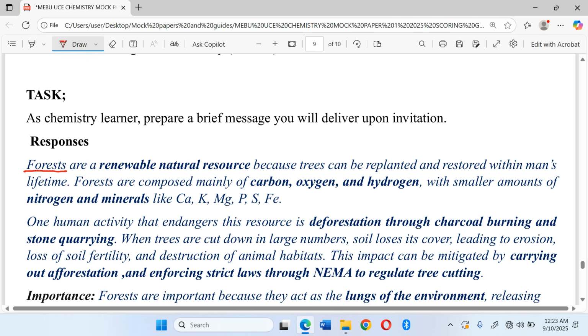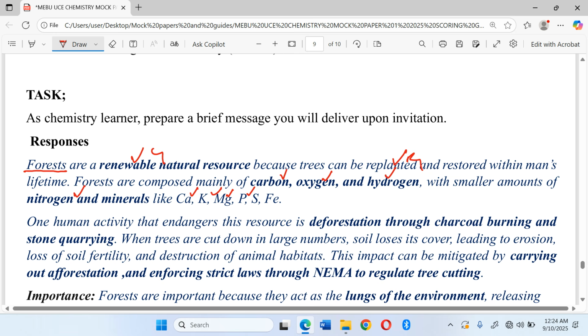So here we're saying that in responses, forests are renewable. So that is the category, renewable natural resource, because trees can be replanted. That is the reason. Then forests are composed mainly of carbon, oxygen, hydrogen. We have nitrogen, calcium, potassium, magnesium, phosphorus.